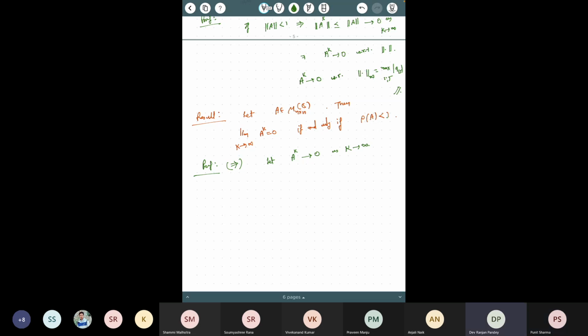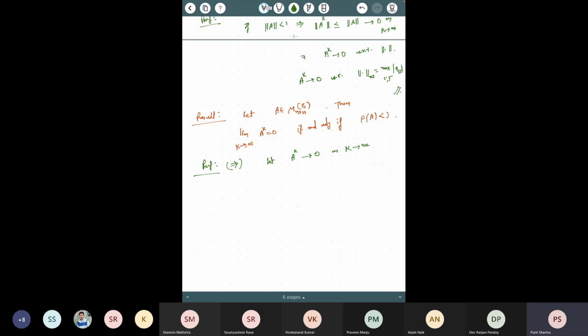Since it is given that A to the power k tends to 0, but it is only tending towards 0, whatever you are saying would be true for A to the power k when k is large enough.